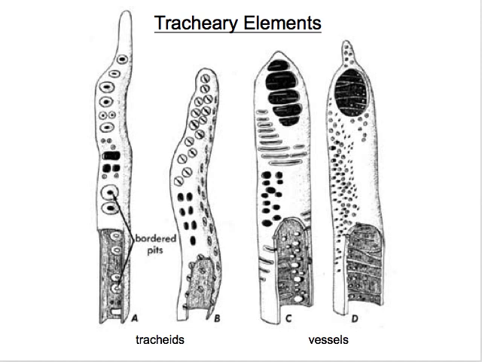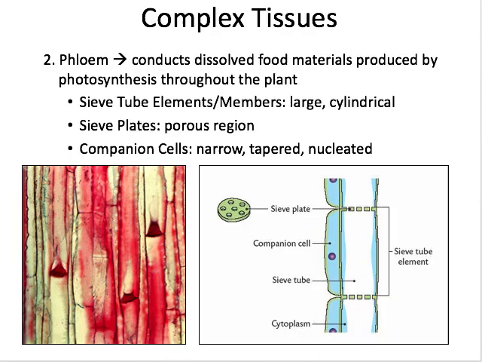The general term when we're referring to these types of xylem parts is tracheary elements. Water moves passively by transpiration through these tracheary elements, and they are very important for plants and their metabolism.